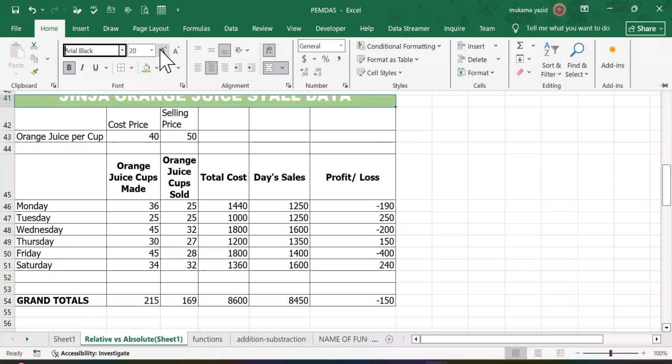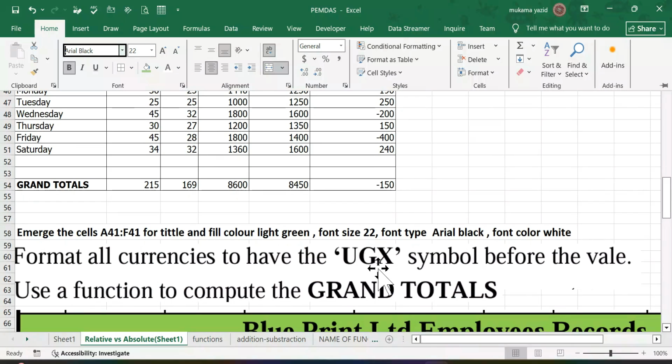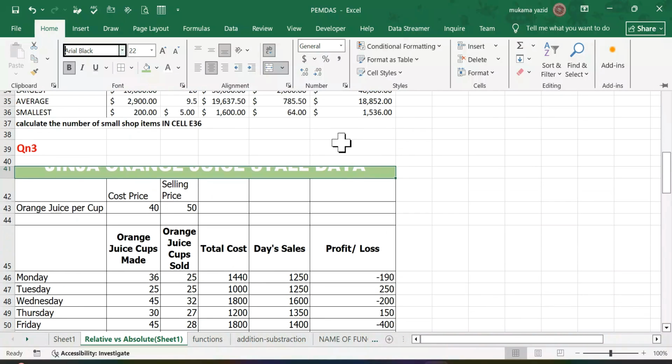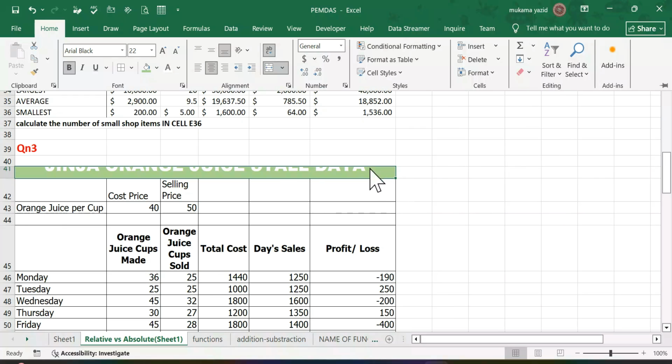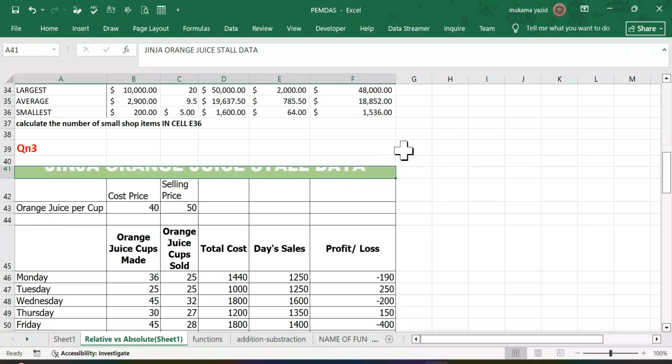I think that is it. Font size 22. And I think that is done. So we just make it. We go to the Home tab. You go to Format, AutoFit Column Width so that it can be visible. Okay.